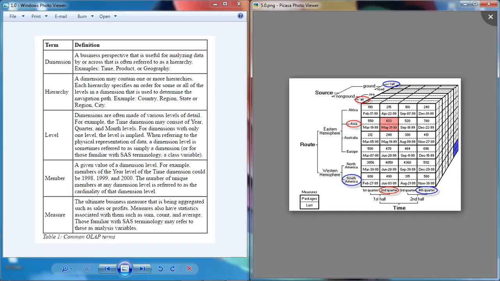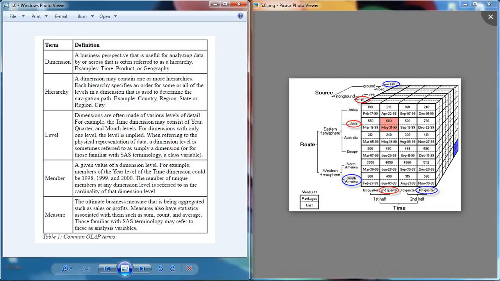Now measures. The ultimate business measure that is being aggregated, such as sales or profits, obviously, because in any time we only take part in business if there is a profit.